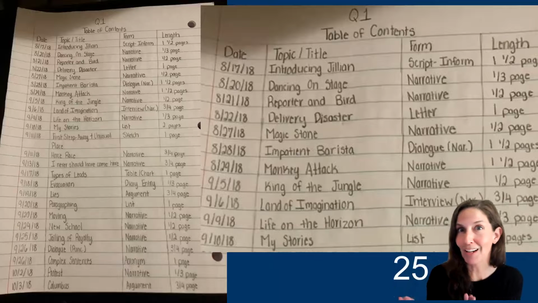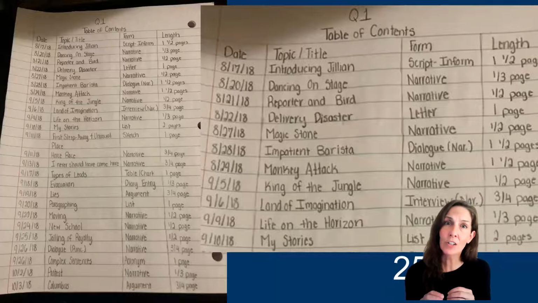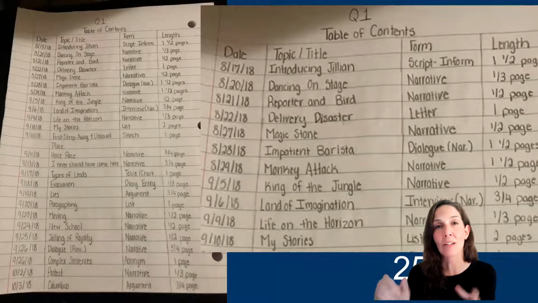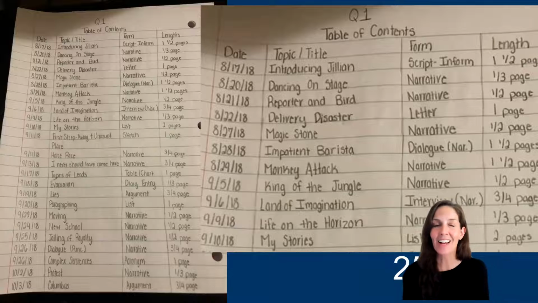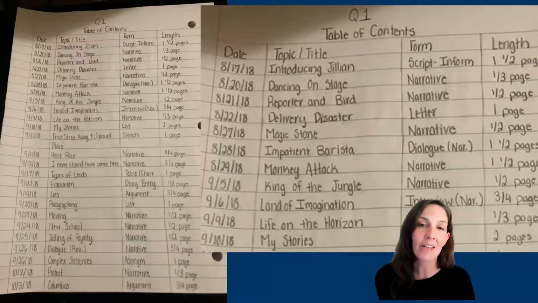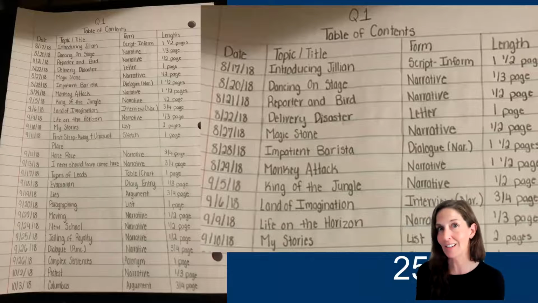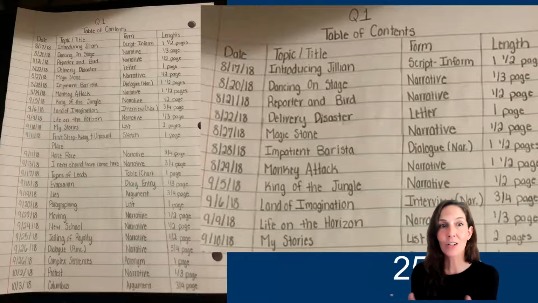So circling back to other tutorials, if students are doing this sort of daily writing or having lots of opportunities to generate ideas in their notebooks, if they do any sort of drafting, you can have them add it to their table of contents. So you can see here, this is an example of one of my students who had done daily writing.